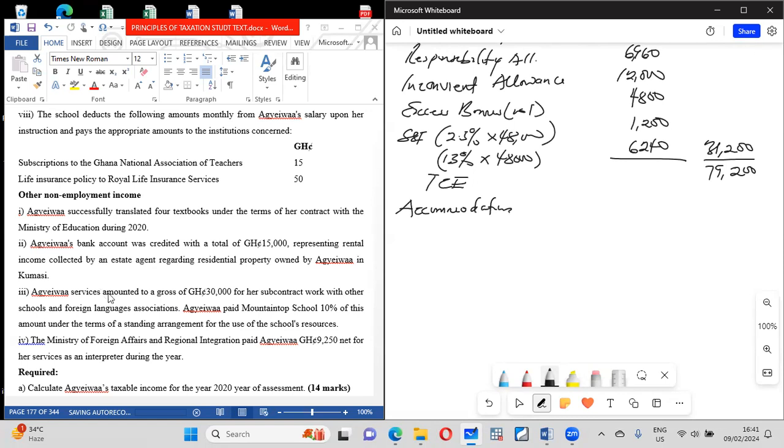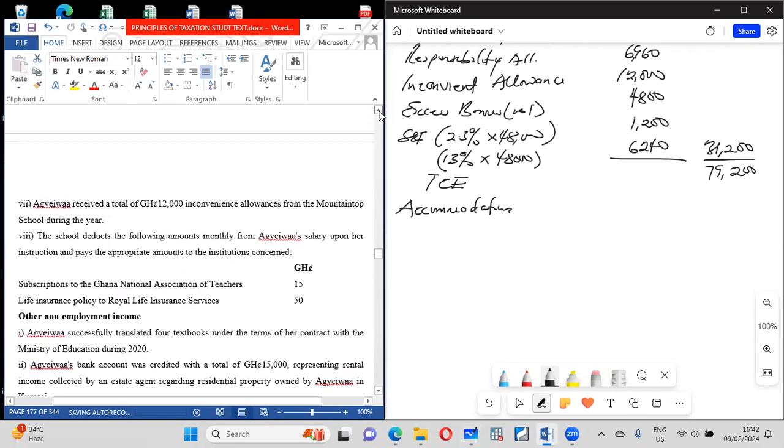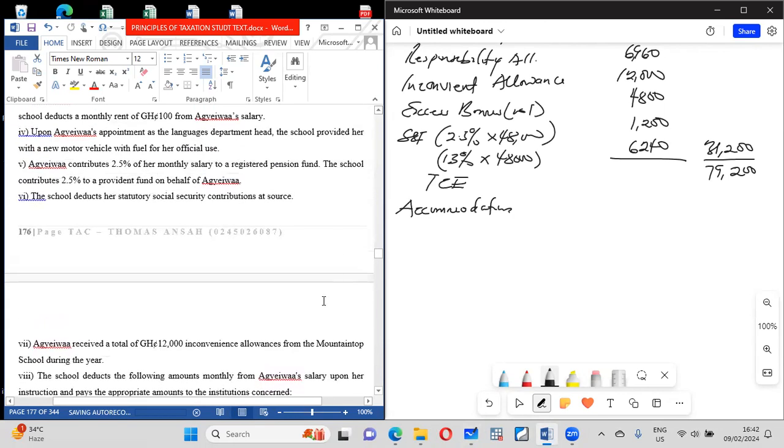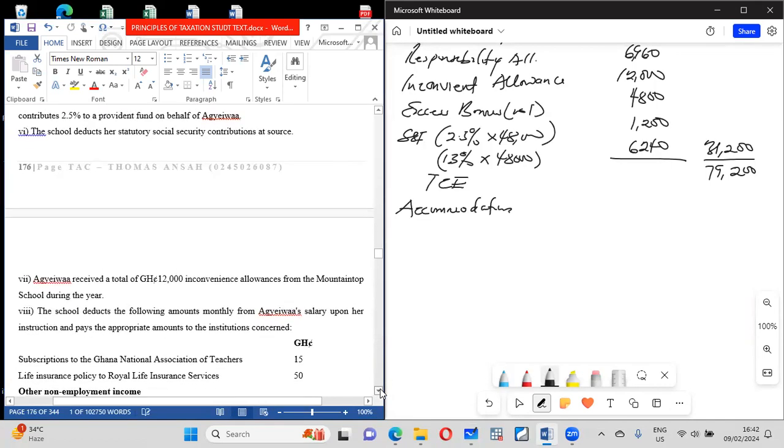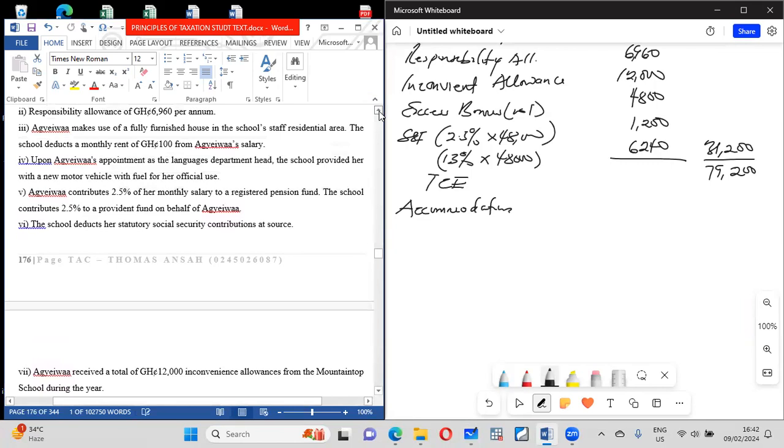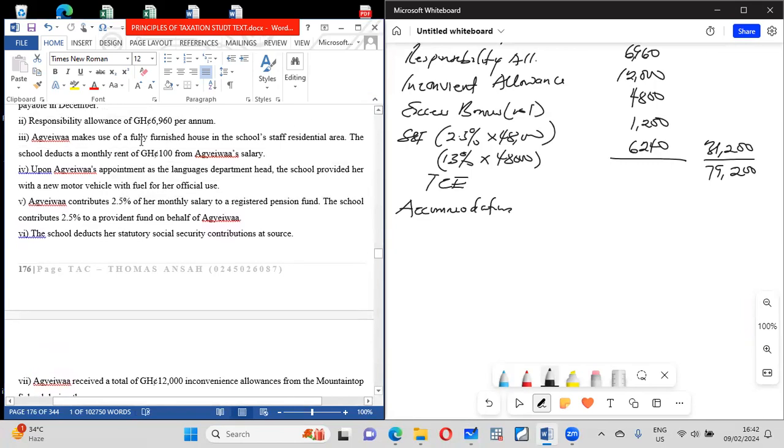What did they say about the accommodation? A bungalow is provided, and a motor vehicle with fuel for her use. So it's a fully furnished bungalow.